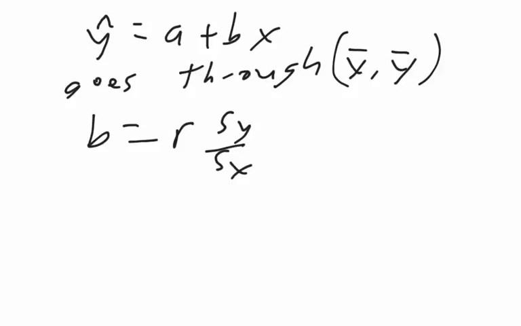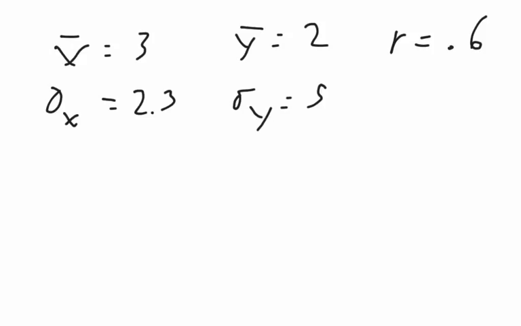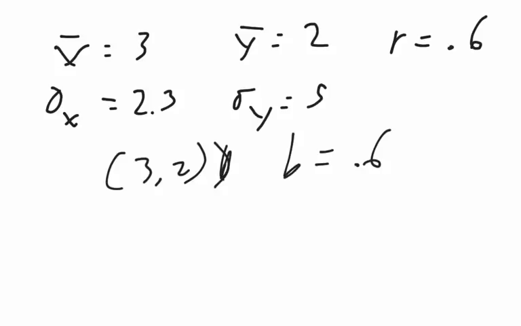We could do the least squares regression line, or what we normally do, which is use our calculator in case we have the points. So if we have a problem where they give us information, we know that there's a point at 3, 2, and we know that the slope is equal to 0.6 times 5 over 2.3, which turns out to be approximately 1.3.